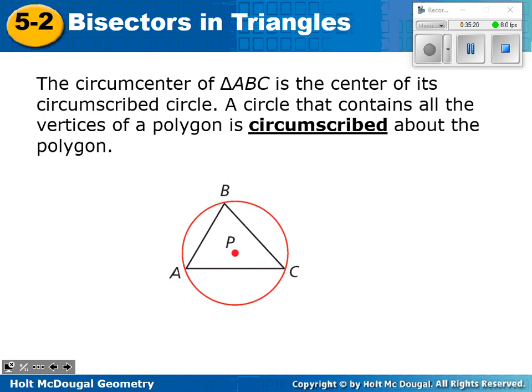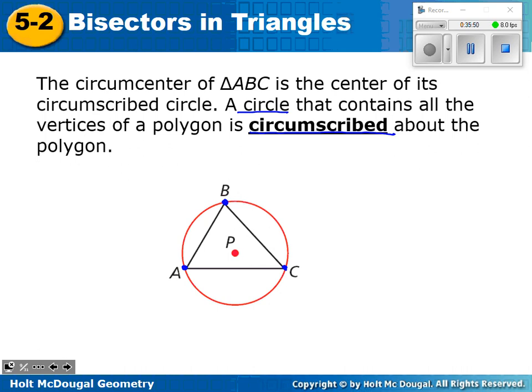If they say that a circle contains all the vertices of a polygon, then that means the circle is circumscribed about the polygon. If your polygon's vertices touch the circle so that the polygon is inside the circle, then the circle itself is circumscribed.